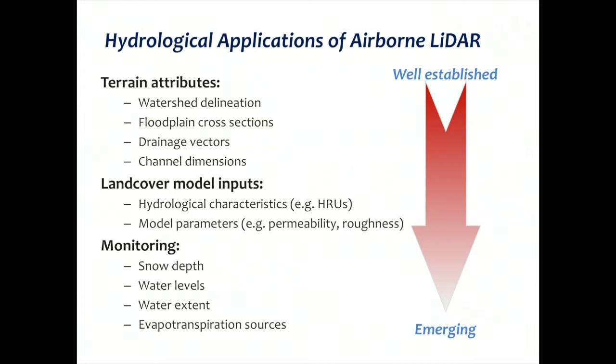These components in a hydrological balance can be modeled from attributes like leaf area index or canopy cover. And we can do a reasonably good job of extracting those landscape parameters from a point cloud. Other attributes like permeability and roughness have been modeled from LiDAR and used as hydrological model inputs.